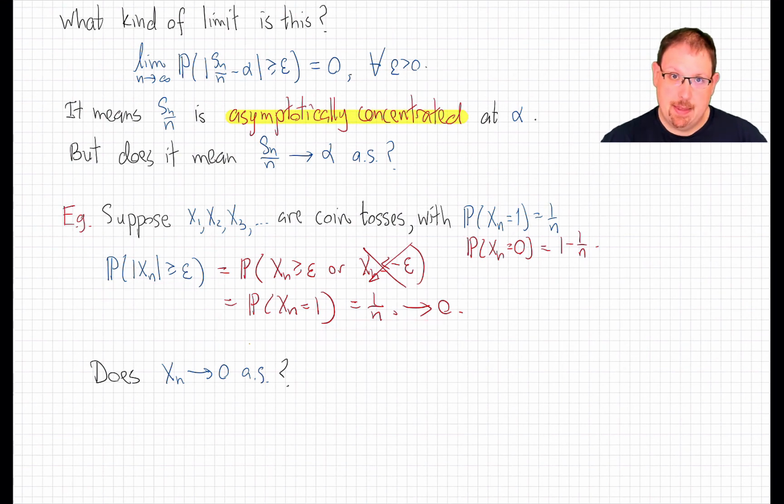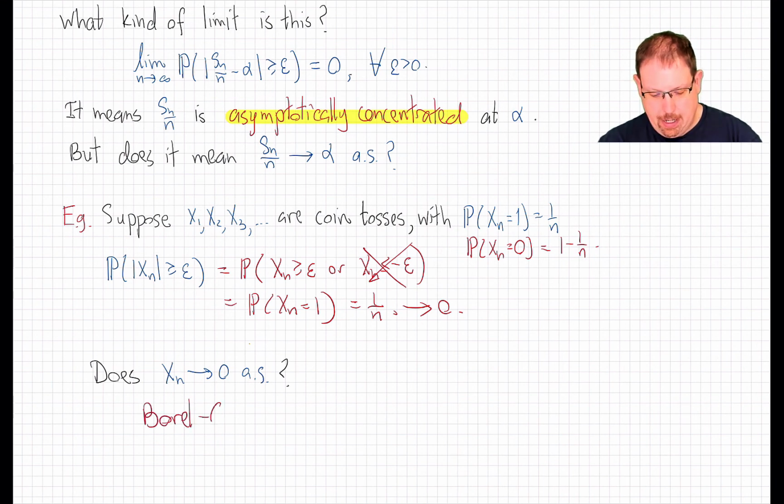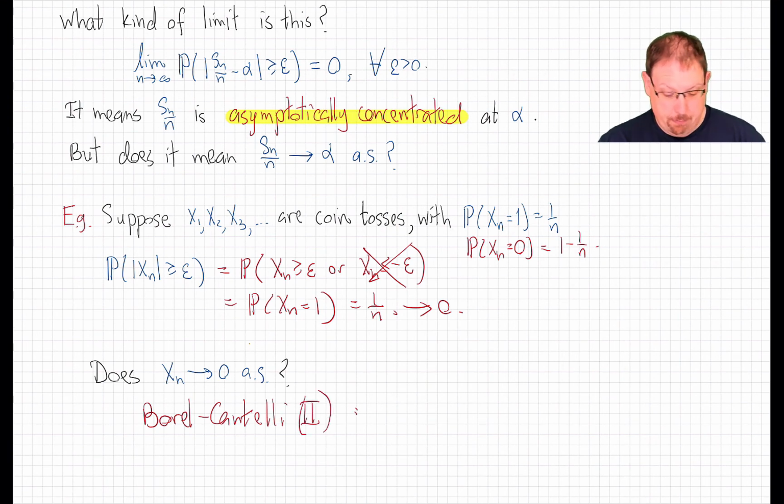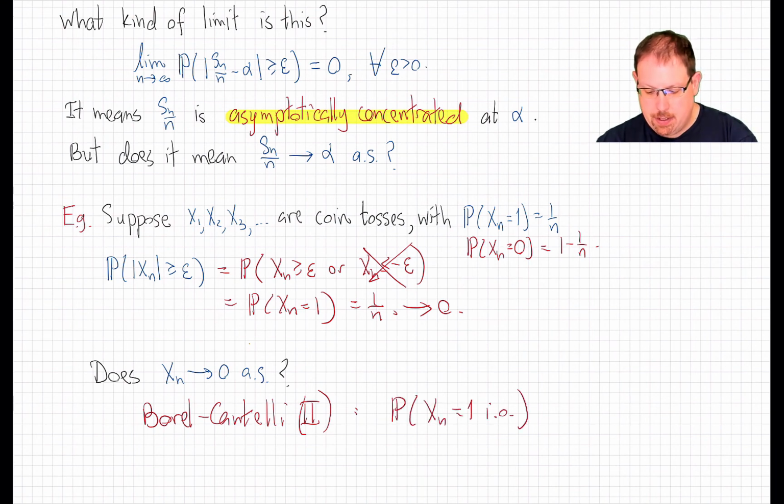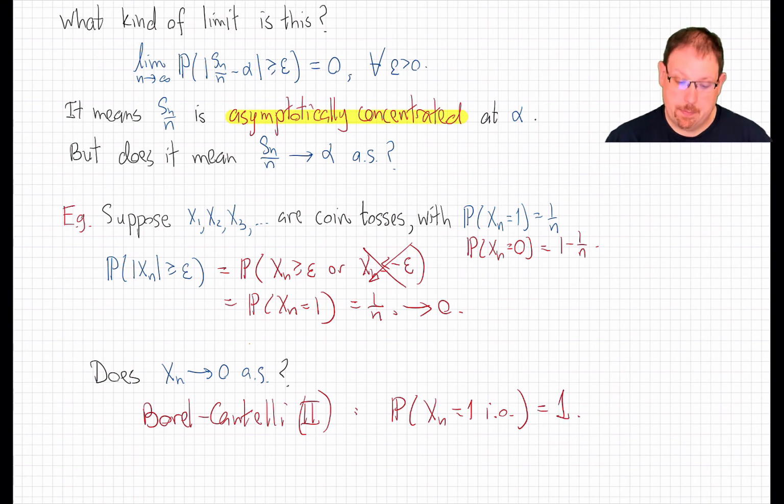But does that mean that it converges to 0 almost surely? Well, the answer to that is no. And we'll see when we get to the Borel-Cantelli lemma part 2 that in this example, the probability that Xn equals 1 infinitely often not only is not 0, but is actually 1.